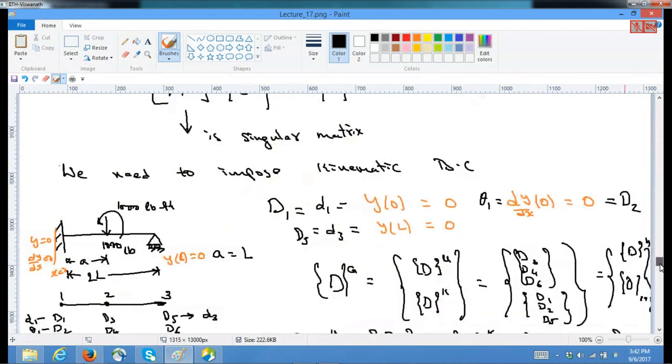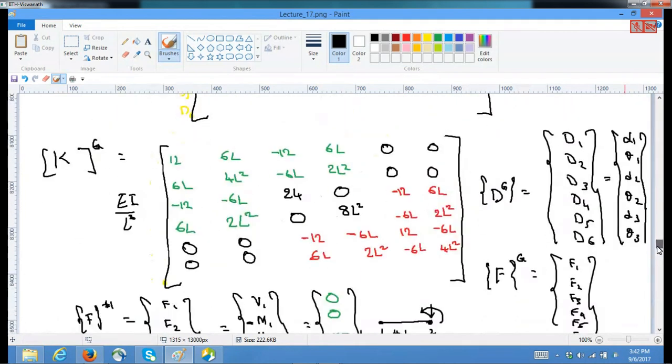So in our case, let us find what is k uu. To find k uu, I will go back here. I will rewrite these things again, which is nothing but D1, D2, D3, D4, D6, and D5.